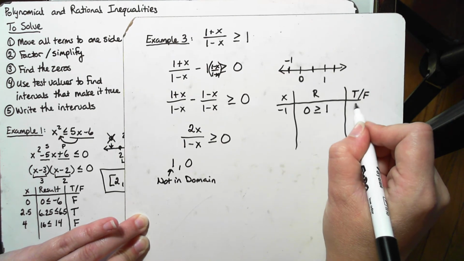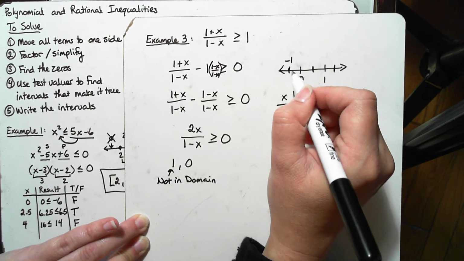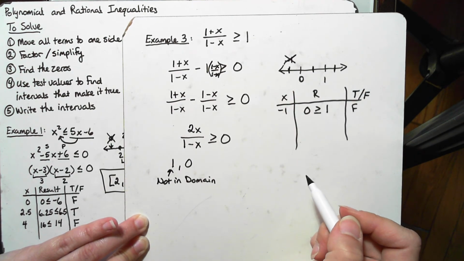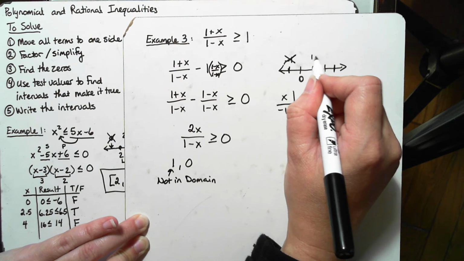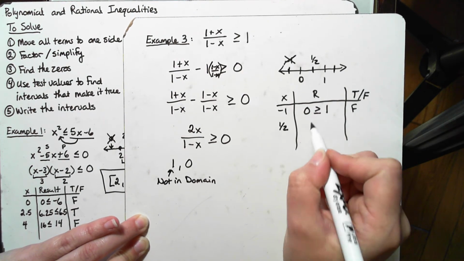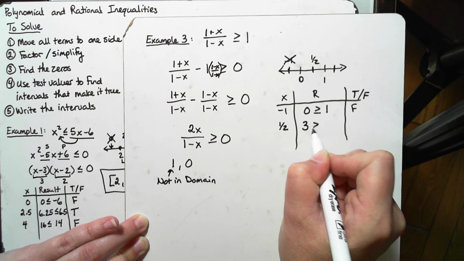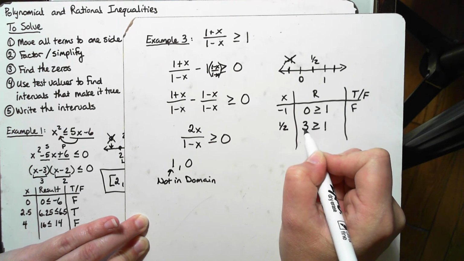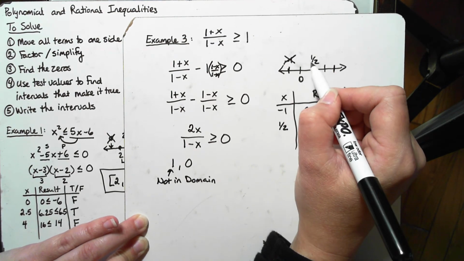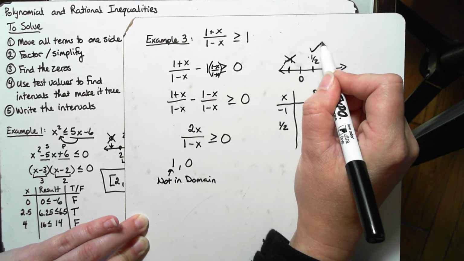And that is false. So anything less than 0 is not going to work. Let's try something between them, like 1/2. If I put in 1/2, I get 3 is greater than or equal to 1. Now 3 is greater than 1, so that is true, and this will work.